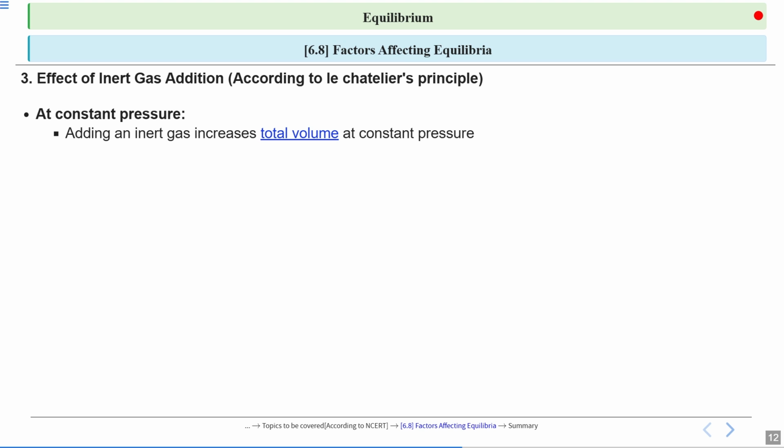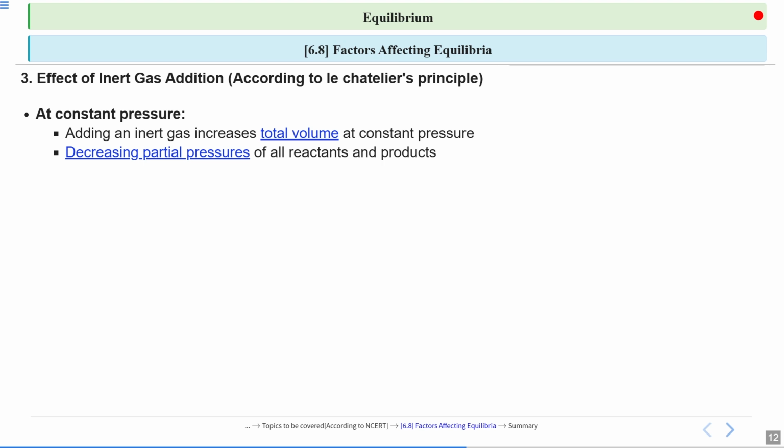Because PV equals nRT, and you are keeping the pressure constant, V can be directly proportional to only one thing, which is n. Remember, temperature is also constant. So if you are increasing the number of moles, you are increasing the volume as well.